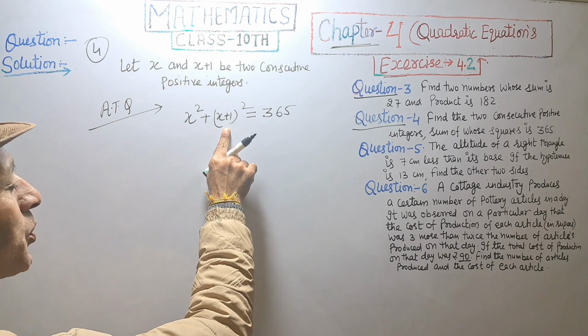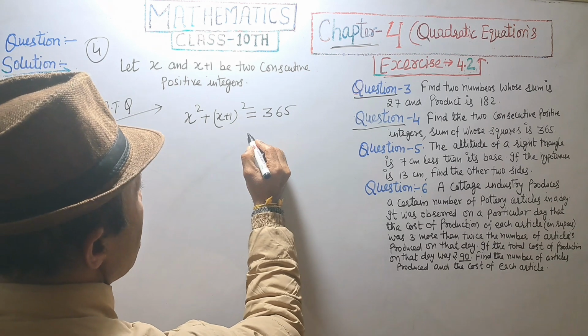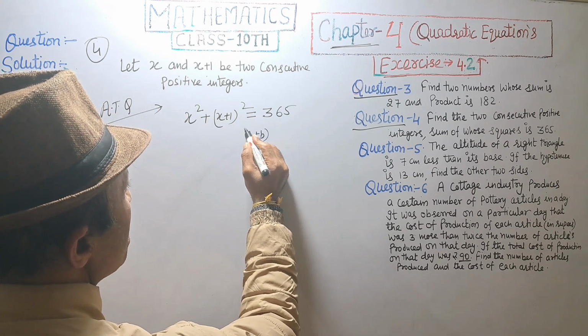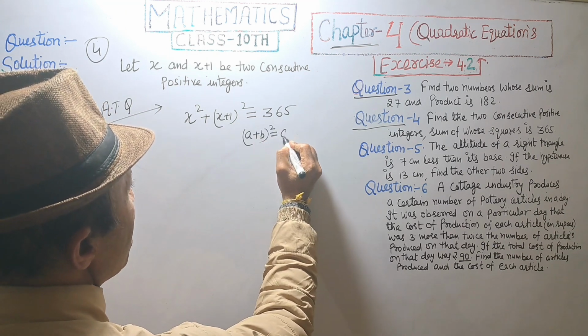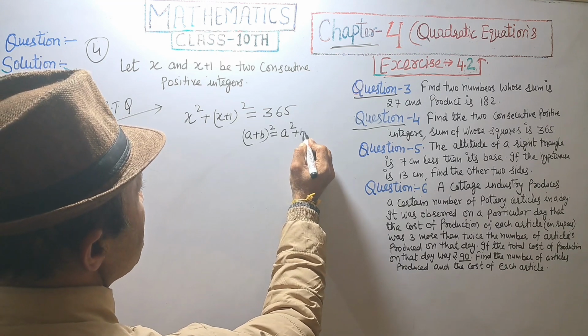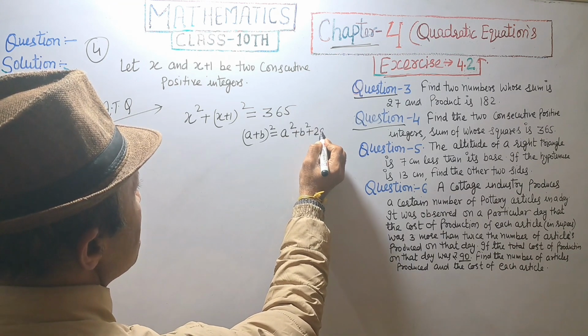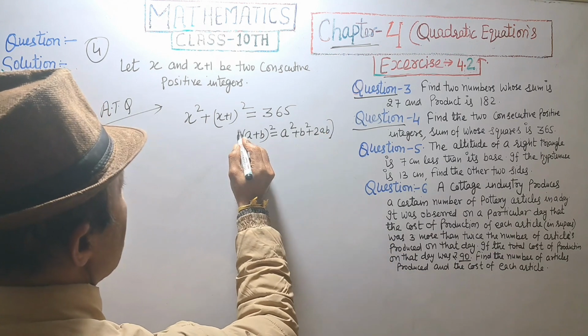a plus b raised to power 2 is equal to a square plus b square plus 2ab.